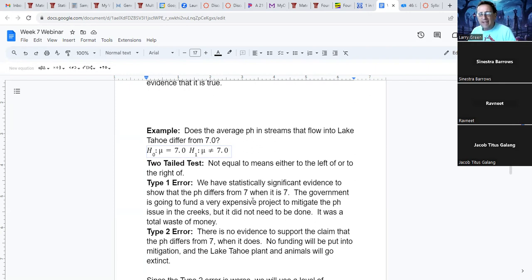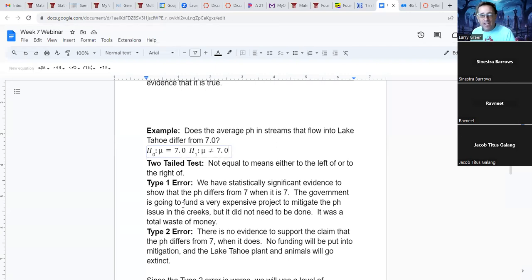Okay, so now we look at the type 1 and type 2 error. A type 1 error means that we have statistically significant evidence to show the pH differs from 7 when it really is 7. So we actually have statistics to say, hey, we've got a problem. The water coming into Lake Tahoe is going to mess Tahoe up.